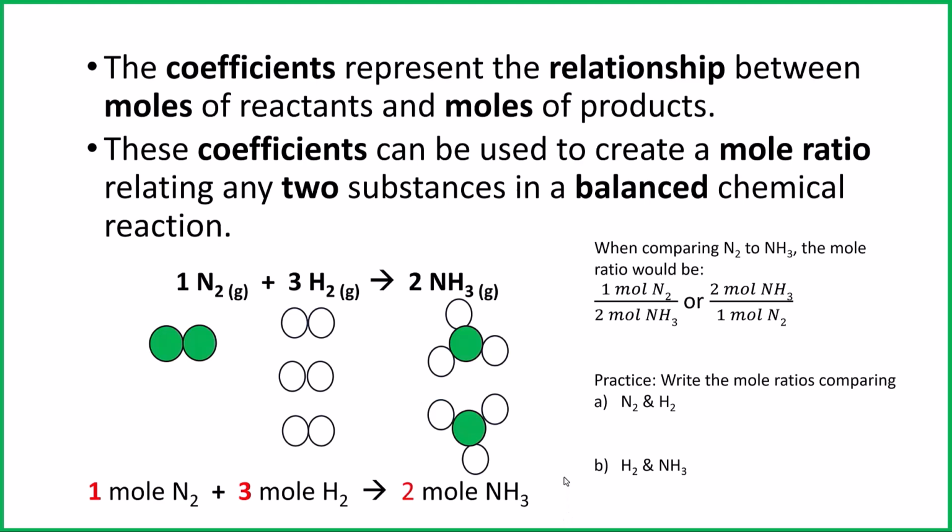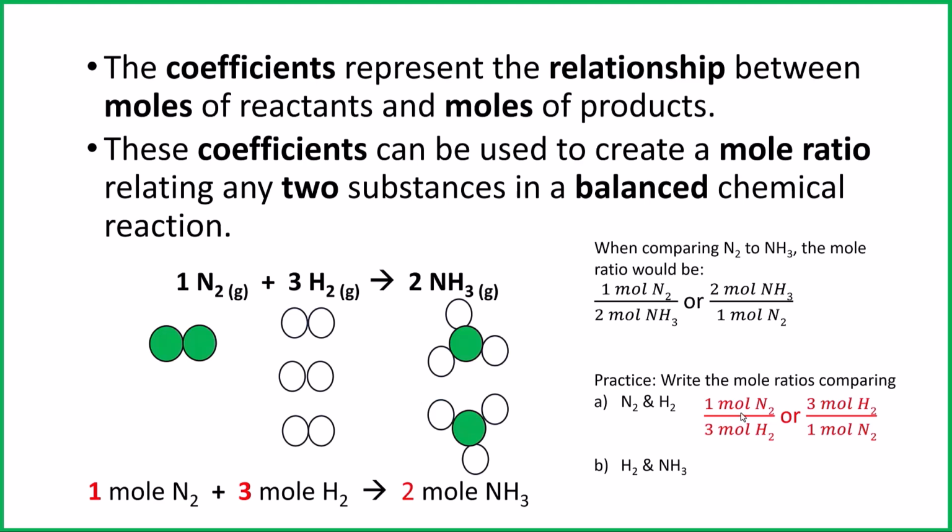So this should be your answer for N2 and H2, we can either have a 1:3 ratio or a 3:1 ratio, and we always write those units in there. If you are not in the habit of writing units, now is the time to start, or you're going to end up getting very confused as we work our way through this stoichiometry unit.